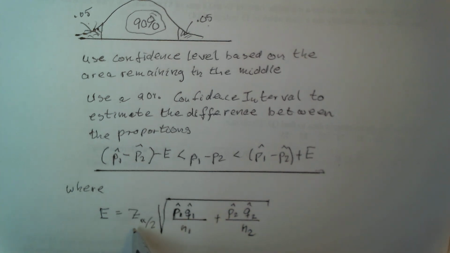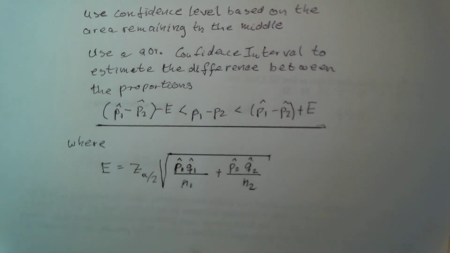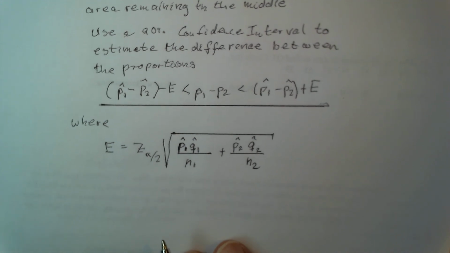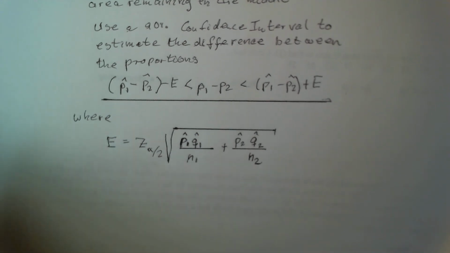And where the margin of error is computed as z sub alpha over 2 times the square root of p1 hat q1 hat divided by n1 plus p2 hat times q2 hat divided by n2. So obviously there are a lot of calculations, and if you can use technology, that would be very helpful in terms of saving time and getting the accuracy that you want.